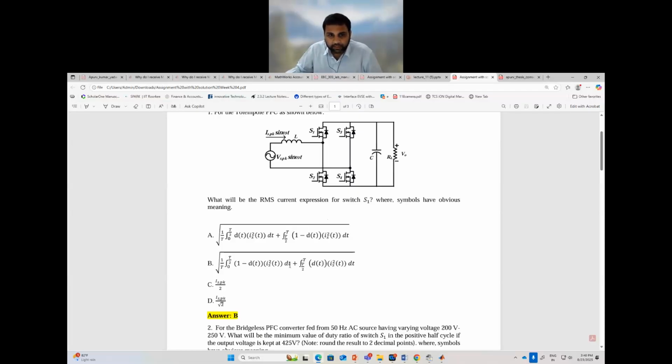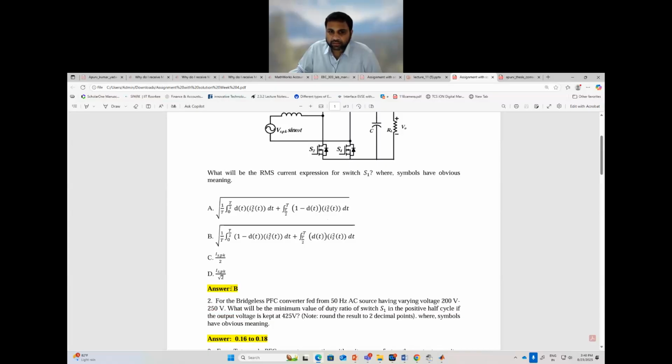In the positive half cycle it is the (1 minus d) portion of the switching cycle, that's why it is (1 minus d of t) i_s squared, and then in the negative half cycle it is d of t, the TS switching period duration when the switch S1 is conducting. So we take d of t and i_s squared, and everything will be under root 2. So the correct answer is answer B.